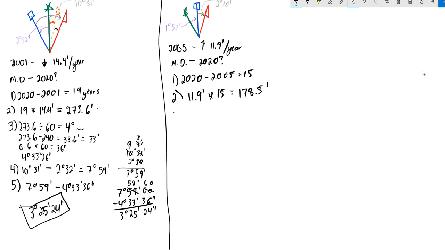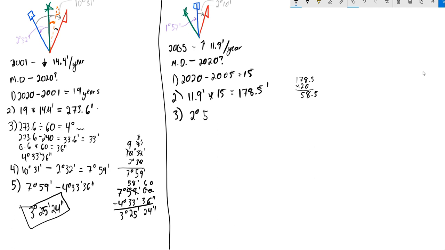Okay. Then we're going to adjust this. So 180 would be 3 degrees, so it doesn't quite do 3, so we know it's 2 degrees. And then let's do the math over here. 178.5 minus 120, because that's 2 times 60. So that's going to give me 58.5.